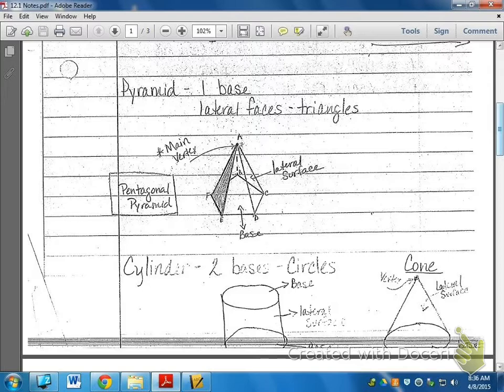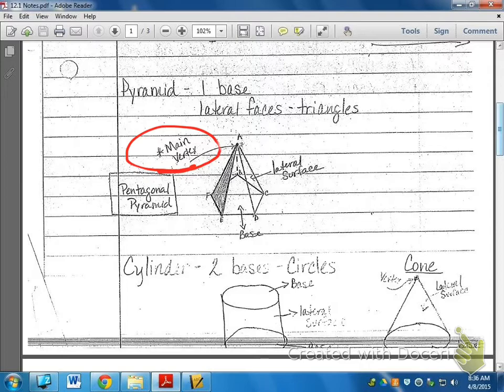It has a flat surface at the bottom, and from each of those vertices at the bottom, there are edges that go up to meet at one main vertex. So there's one main vertex, but there are other vertices which are at the corners of the base. This shape has a pentagon for a base, so we call it a pentagonal pyramid.